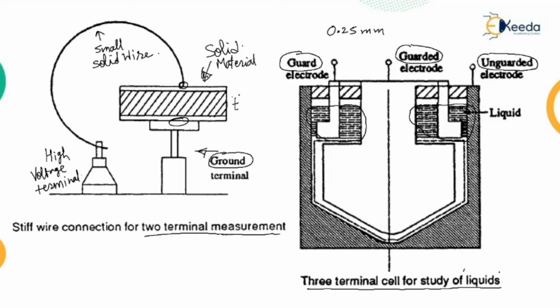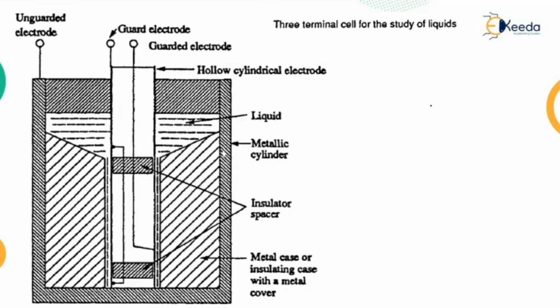There is another arrangement which is used. Here you can see there is unguarded electrode, guard electrode, and guarded electrode. There is a hollow cylindrical electrode which is used. The liquid which is to be tested is placed here. Definitely it is an oil.